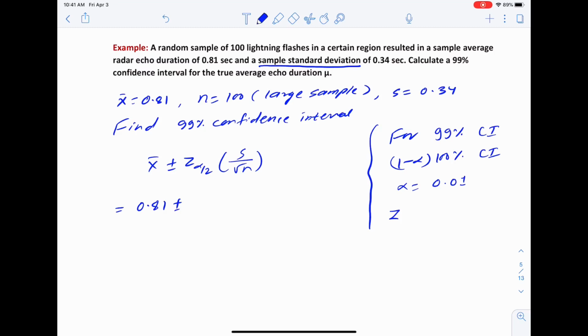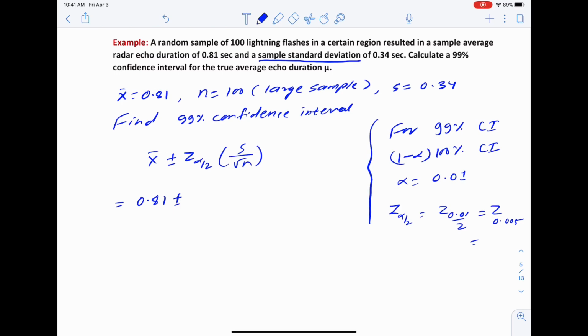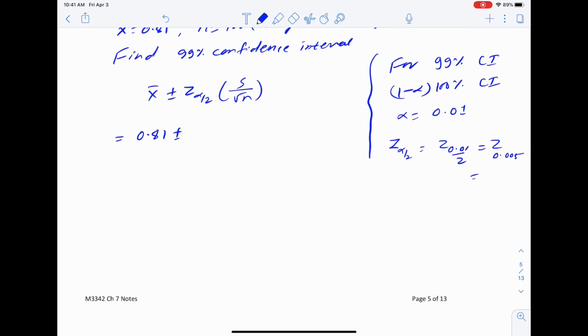So z alpha over 2 is z 0.005. We saw that from the normal table last time. This value is approximately 2.57, using the table.